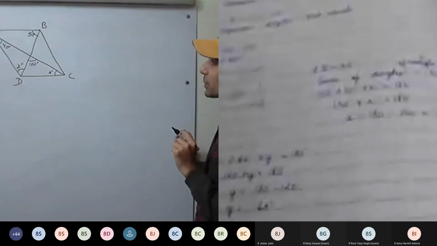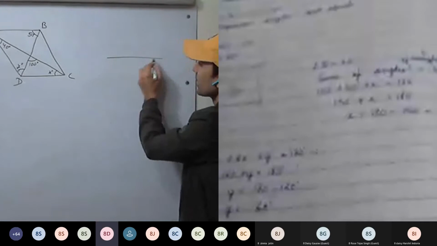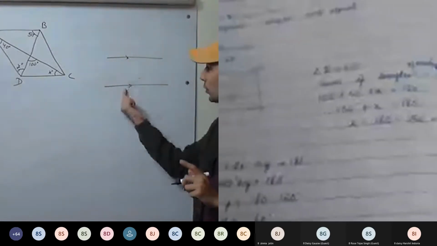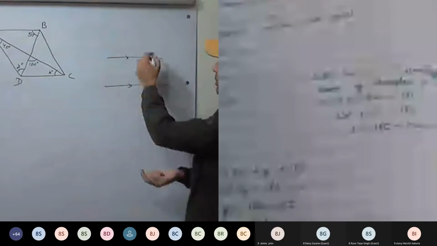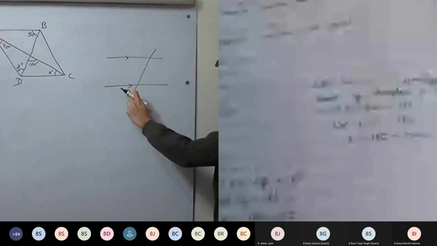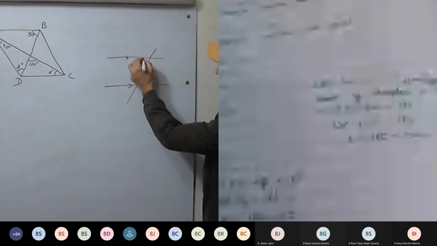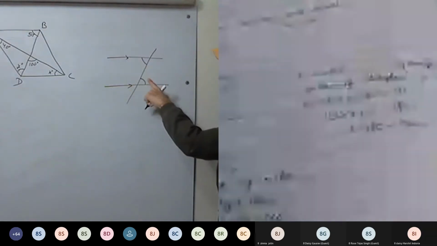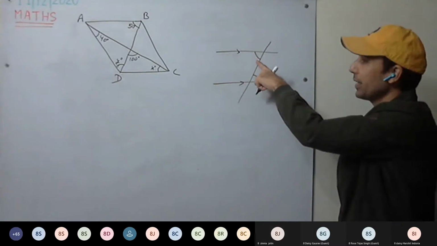But there is one thing missing. When we consider alternate angles, two parallel lines must be intercepted by a line, then these are the interior alternate angles and they are equal.